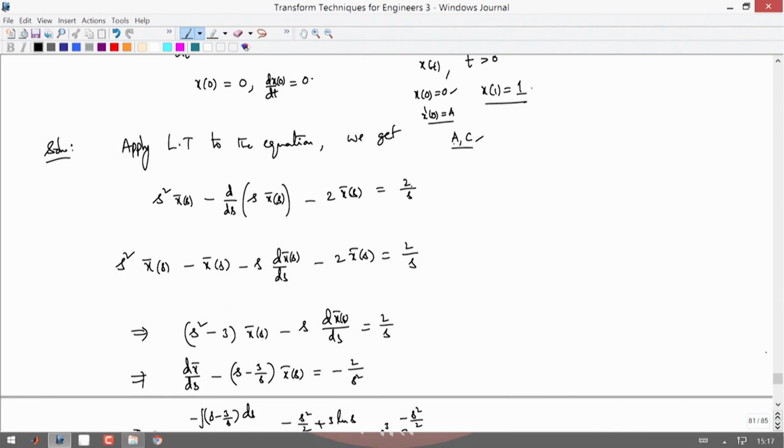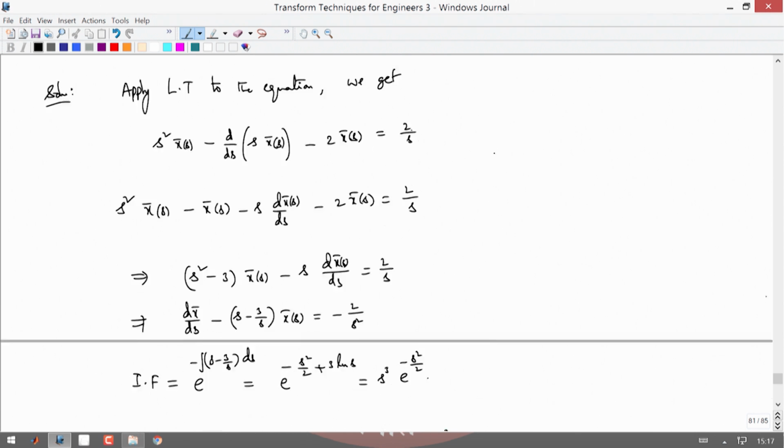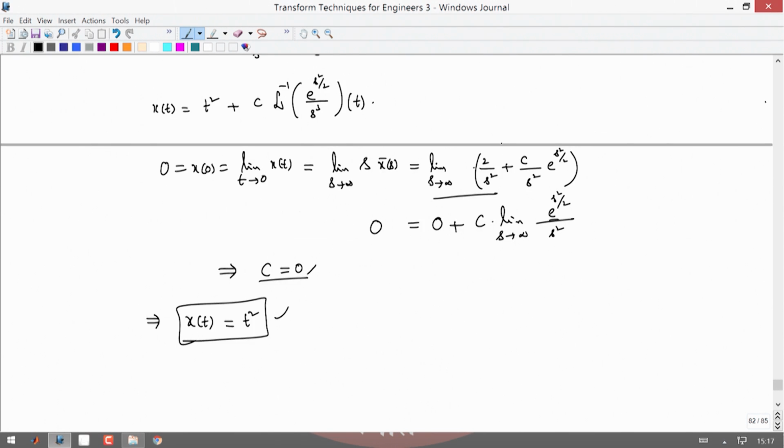You can get a from this, and c you can get by the initial value theorem, because you know x of 0 is 0. So, like that we can do. Let us do an example of such a problem. Let me use a simple example.